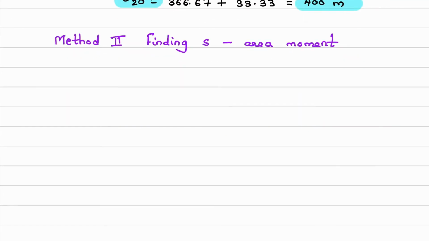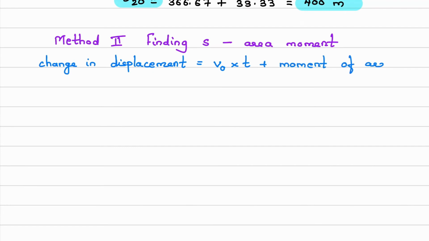This we had seen in the theory part. Change in displacement is equal to V0 into T plus moment of area under AT diagram.